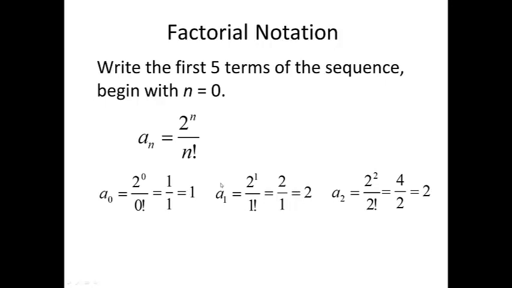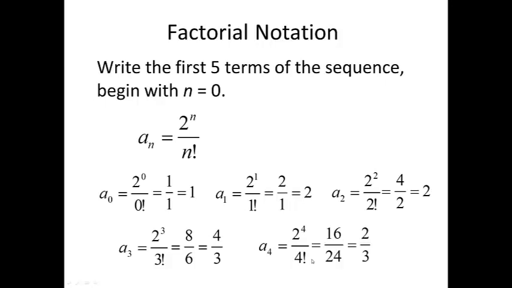What about the fourth term? 3, 2 to the third power is 8, and 3 factorial is 6, so it's 4 thirds. And then the last one I need, the fifth one, use a 4, 2 to the fourth is 16, and 4 factorial is 24, so it gives me 2 thirds.